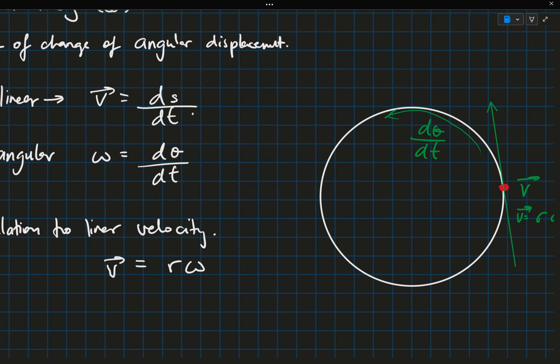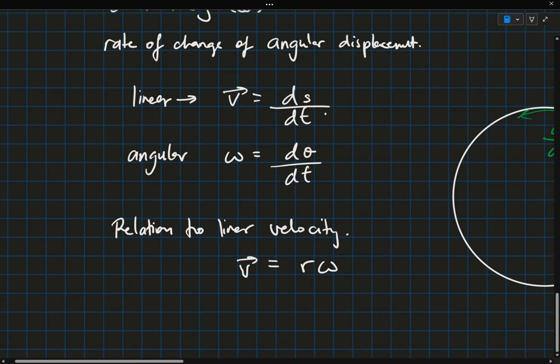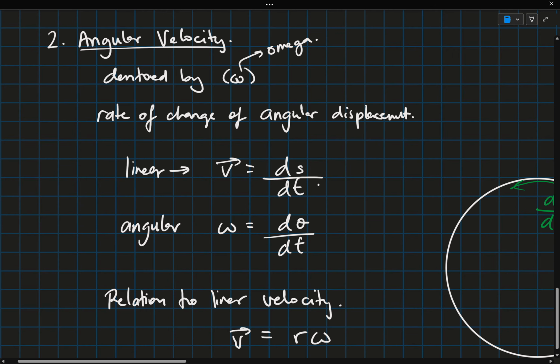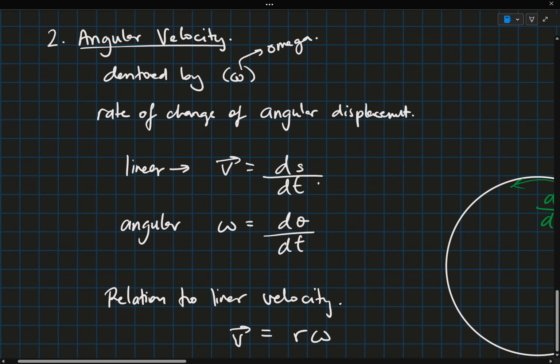Alright, so let's go over this then. As we were stating, the angular velocity would just be the change in the angular displacement over time. Same how we have regular velocity being displacement over time, angular velocity would just be the angular displacement over time.